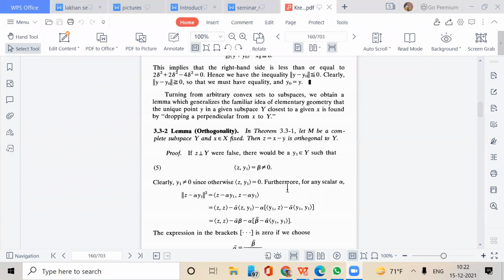Norm of x square is equal to inner product of x comma x, and norm of x is equal to square root of inner product of x comma x. Now by using the properties of inner product, we get next step is equal to inner product z comma z minus alpha bar into inner product z comma y1 minus alpha into in bracket inner product y1 comma z minus alpha bar into inner product y1 comma y1.